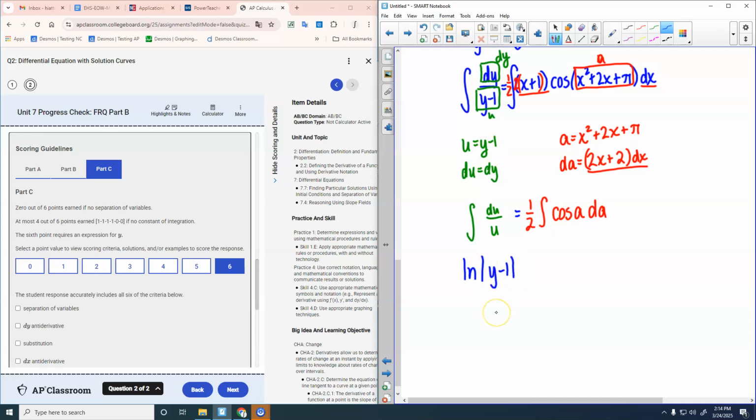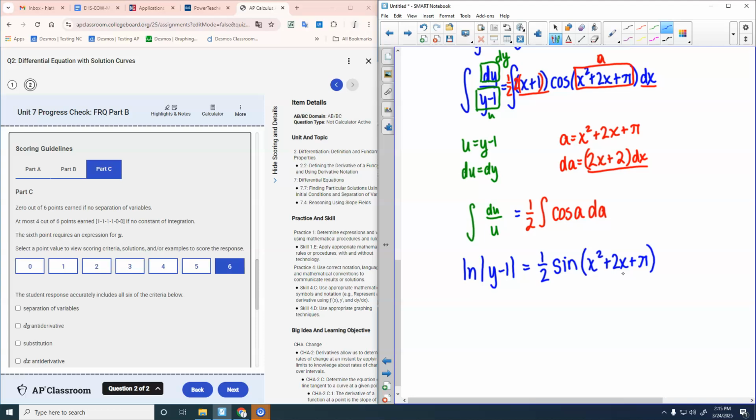That's my y minus 1. Okay, thank you, Joshua. Okay, and then over here, I'm going to have 1/2. What's the integral of cosine? It is sine of A, but is it okay with you guys if I go ahead and plug it back in so I have fewer steps that have to be shown here?